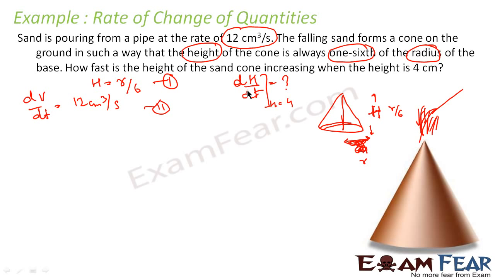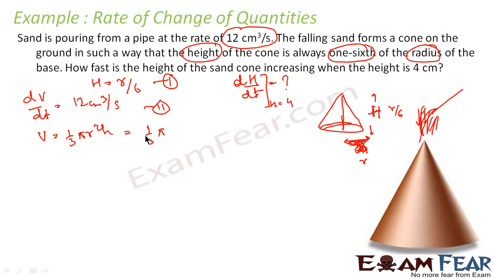Since I have to find dh by dt and I know dV by dt, let me convert the whole thing into h form. V is nothing but 1 by 3 pi r square h. Instead of r, I want to write h, so that when I take dV by dt, I get the dh by dt form.